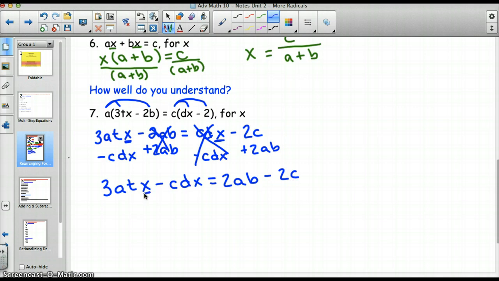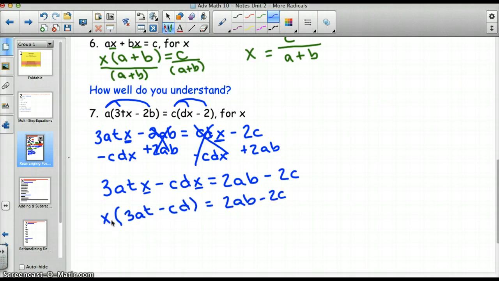Here are my two x's, so I'm going to have to do that factoring trick that we just talked about. So x comes out front, 3at minus cd equals 2ab minus 2c.